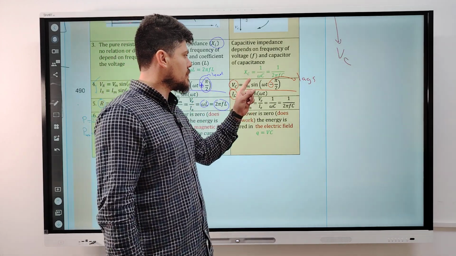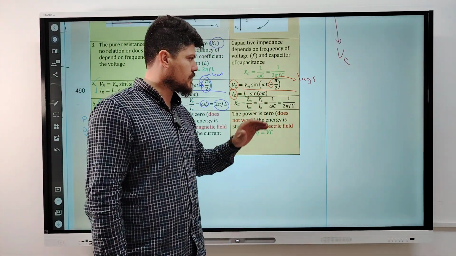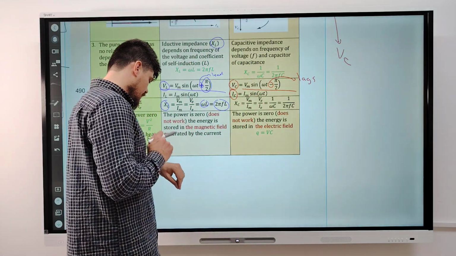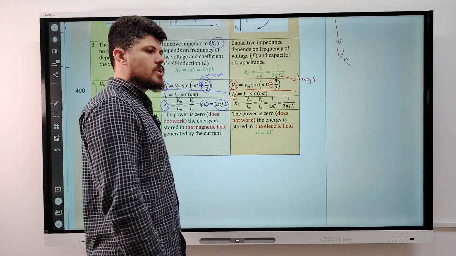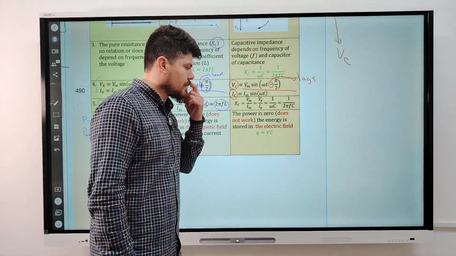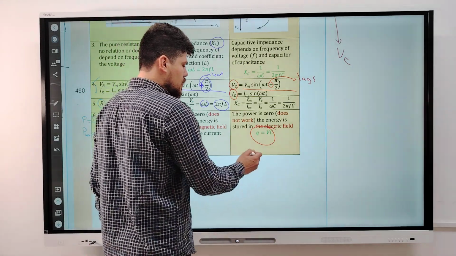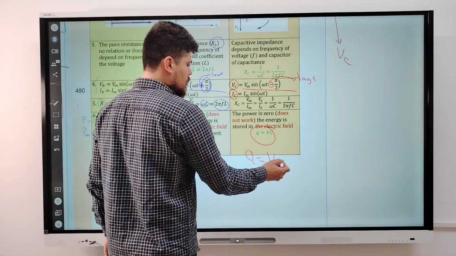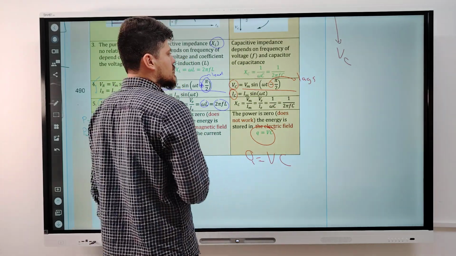When you are writing the phase difference with the potential difference, you are not required to write the phase difference with the current. Okay? And the power is 0. There is no power dissipation also in the capacitor circuit. And to find the magnitude of the charge, Q is equal to what? Q is equal to VC, the potential difference, multiplied by the capacitance.